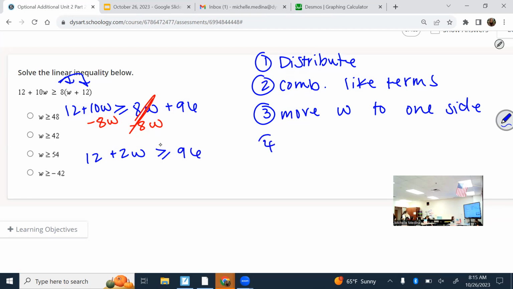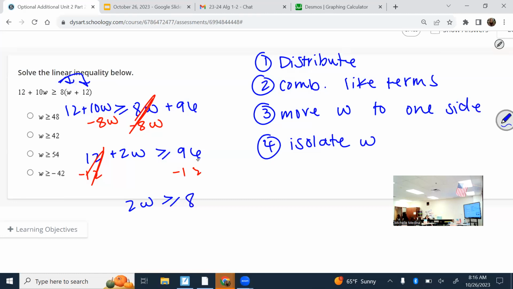Now it's just about isolating the variable. So now start with what's farther. Would that be the 12 or the 2? And how do you get rid of it? Subtract it. Whatever you do on one side. So then I get 2W greater than or equal to 96 minus 12, which is 84.